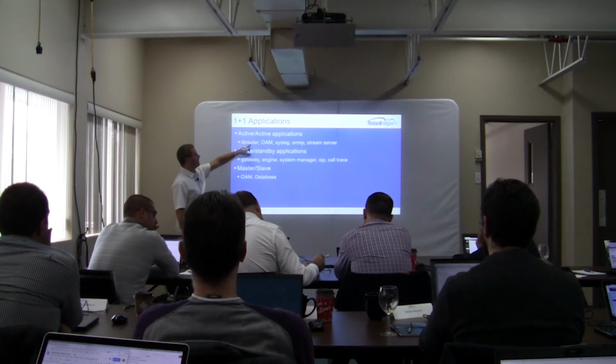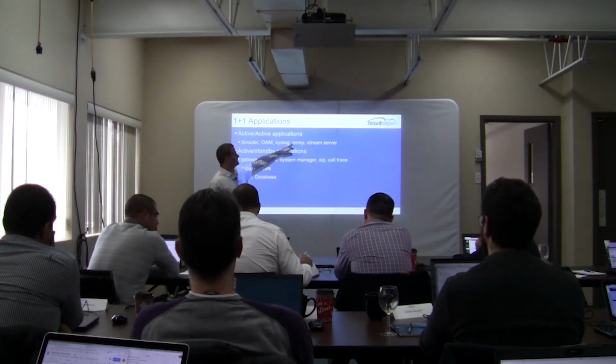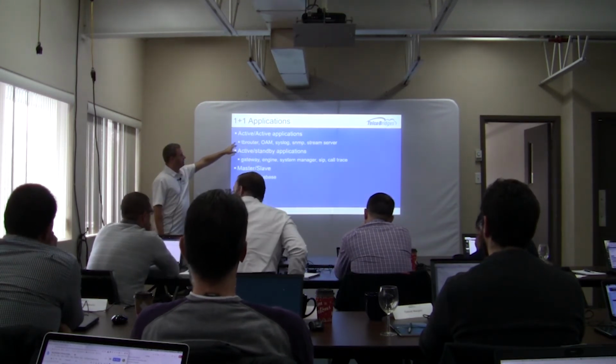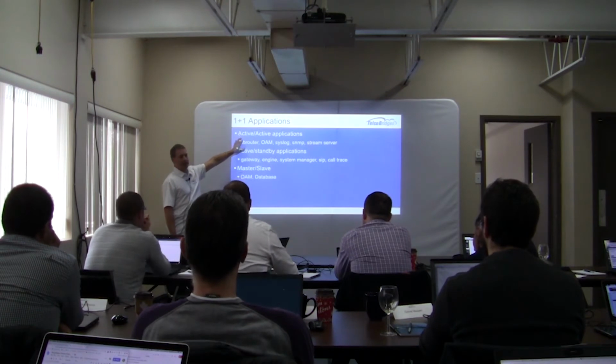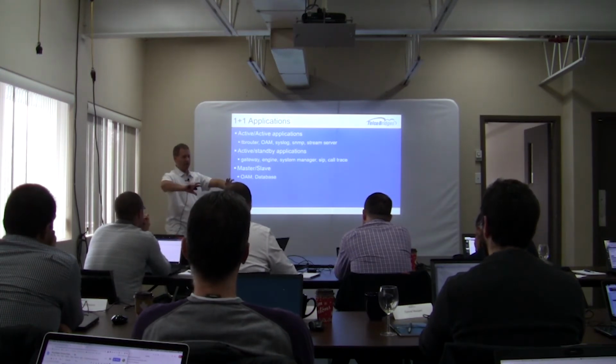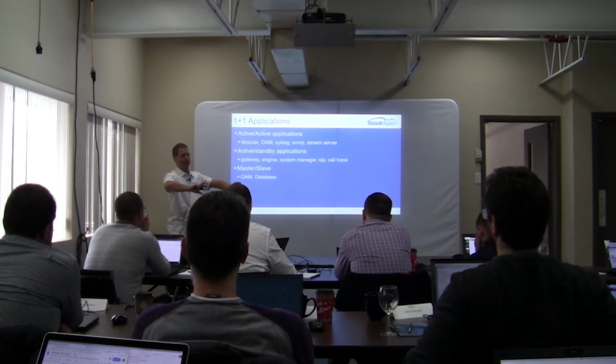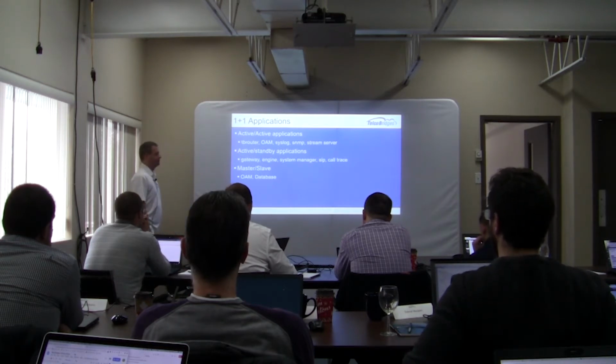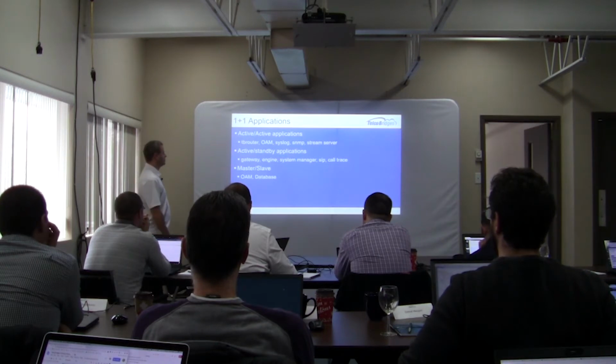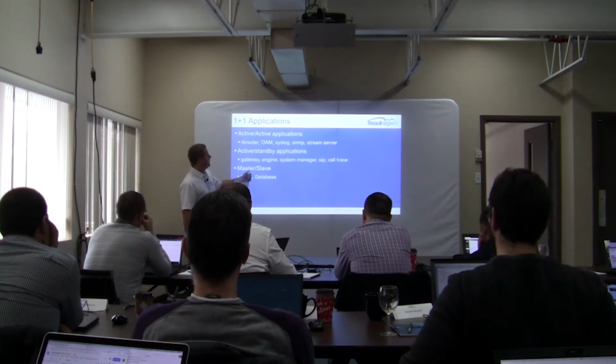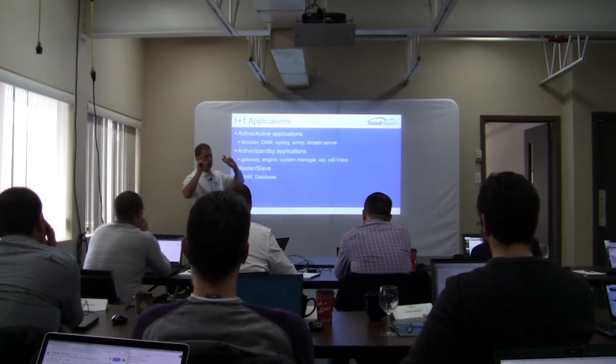Active means they are always running on both systems, and both of them are active. So TBrouter is always running on both systems, but one of them will be processing the main traffic. Most of the time, it's going to be just one. OAM is active, so it runs on both systems.